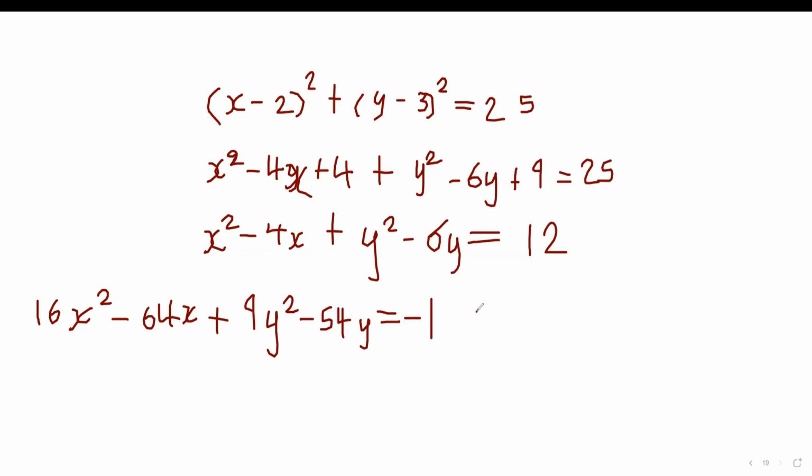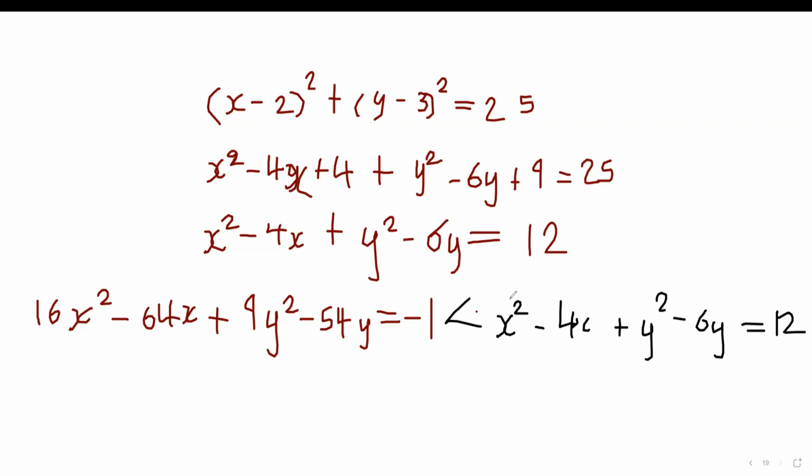And this is clearly less than x squared minus 4x plus y squared minus 6y, because this one equals 12. Does that make sense, Marika? That circle is less than this one. That makes sense? Yes, sir.